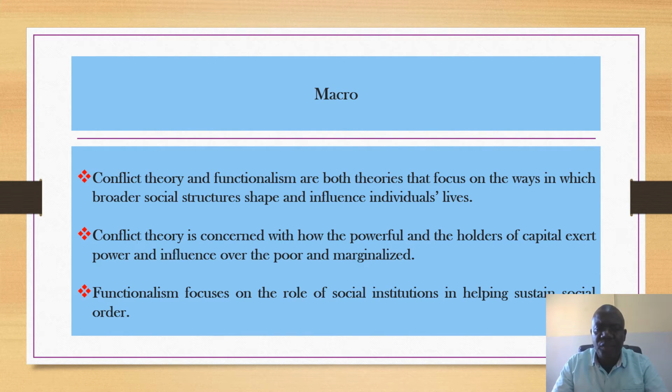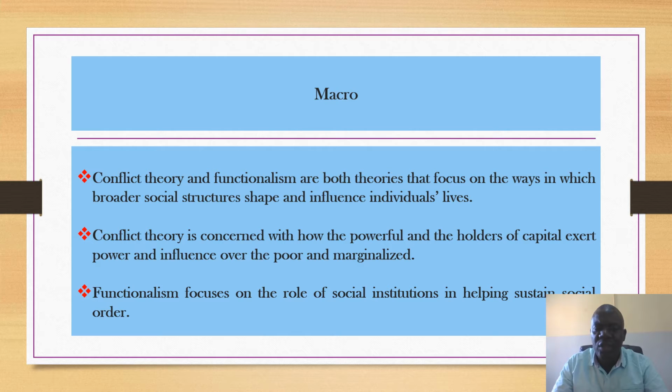So conflict theory is concerned with how the powerful and holders of resources or capital exert their influence and power over the poor and marginalized members of society. Indeed, this is also broad. It does not look at it at micro level.